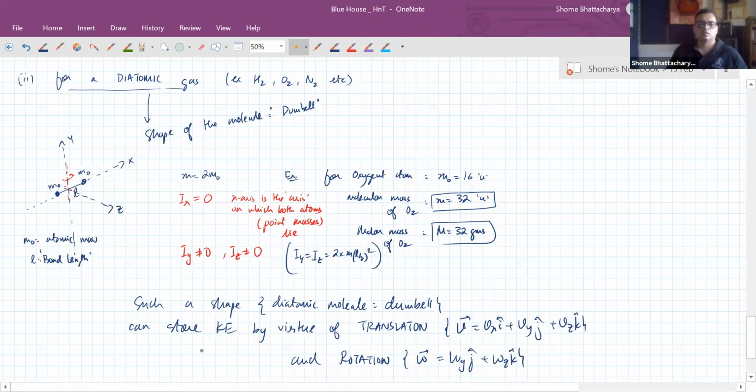So it can store kinetic energy by virtue of 2 degrees of freedom for rotation and 3 degrees of freedom for translation.